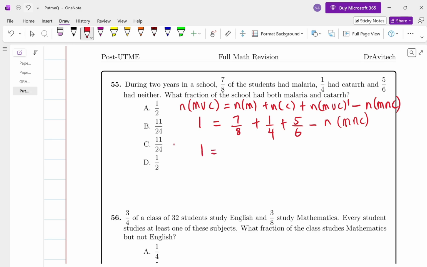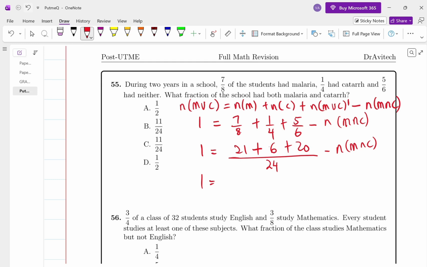So 1 equal. The LCM here is, let me see, 48. Hold on. 24. Okay. So 24 divided by 8 gives us 3. 3 times 7 is 21. 24 divided by 4 is 6. 6 times 1 is 6. 24 divided by 6 is 4. 4 times 5 is 20.